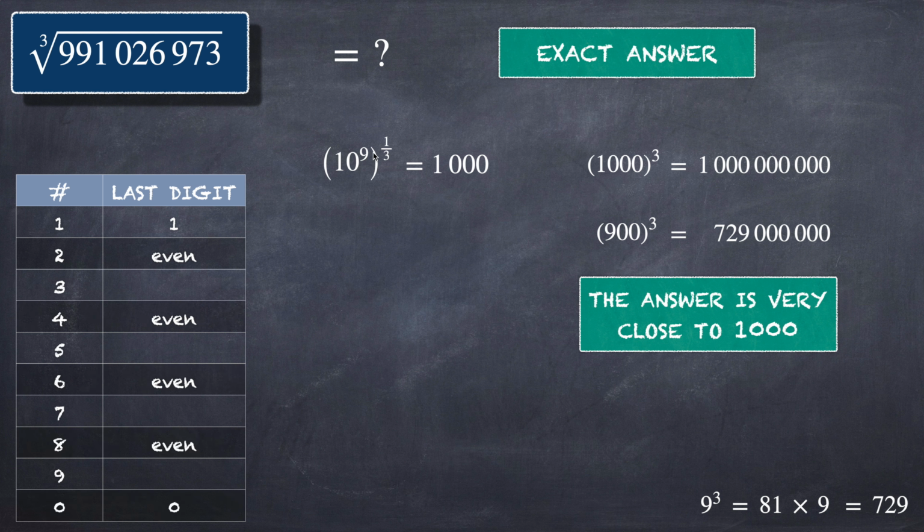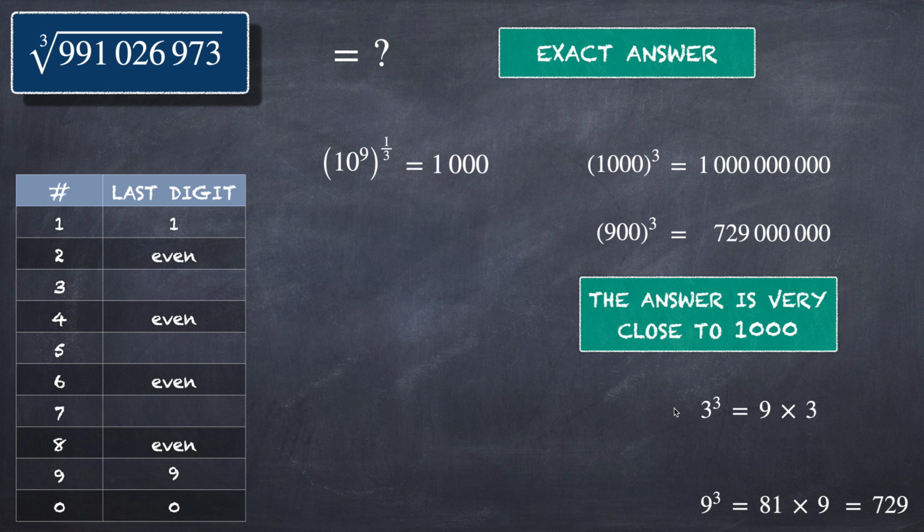We are looking for the last digit of our number, which raised to the third power will result in the last digit 3. And it's not 0 as well, of course, because 0 raised to any power will still be 0. And it's not 9 as well, because we already know that 9 to the third power is 729. The last digit is 9. And it's not the case, again.